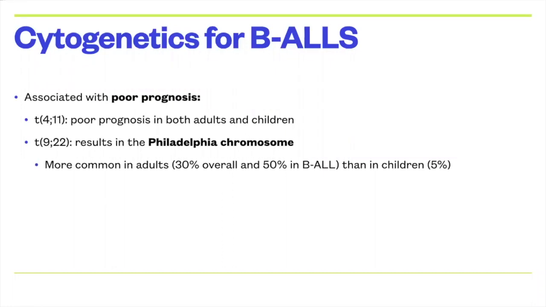In some cases, this can lead to a B-cell ALL. It is more common in adults than in children. In adults who present with this chromosomal aberration, they can actually have features of both an acute lymphoblastic leukemia and chronic myeloid leukemia. So that is interesting. This unfortunately is associated with poor prognosis.